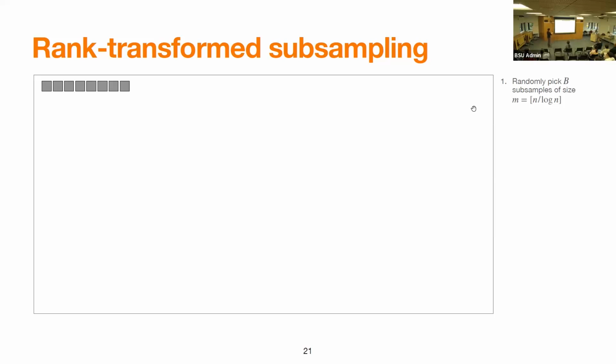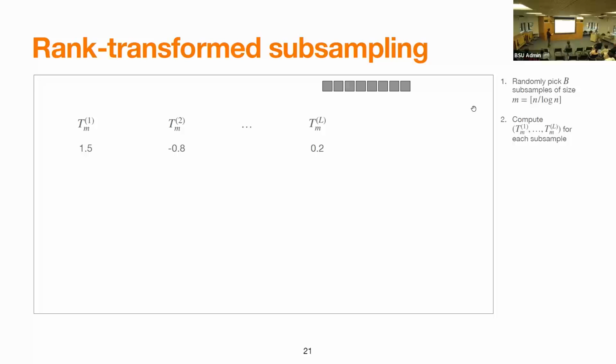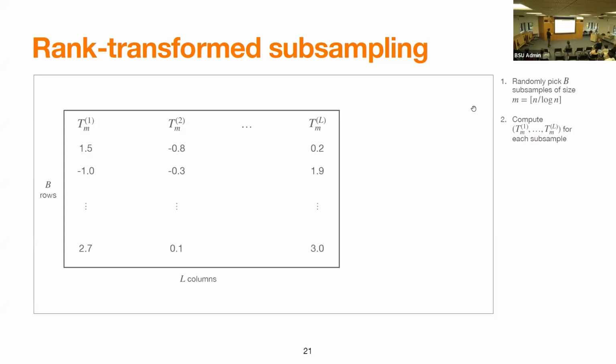Suppose this is the first subsample; I evaluate the exchangeable statistic vector using it, which gives me the first row of realizations. Then I go to the second subsample and get another row. Going through all the big B subsamples gives me this subsample matrix, with B rows and L columns.